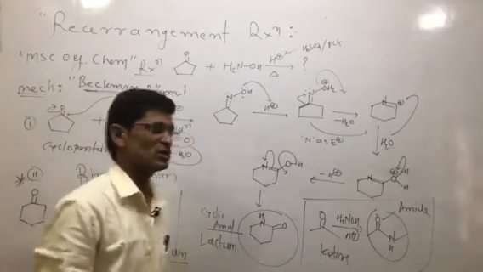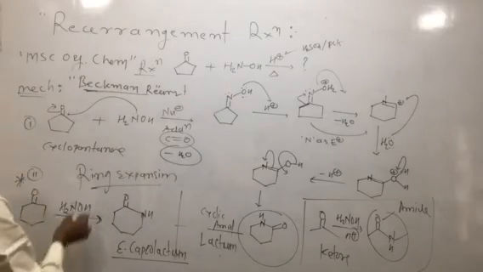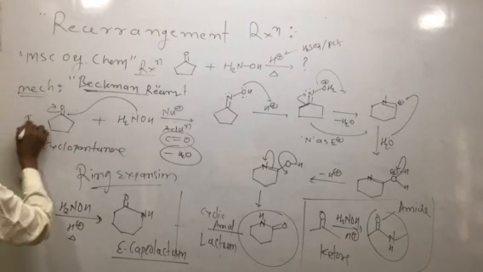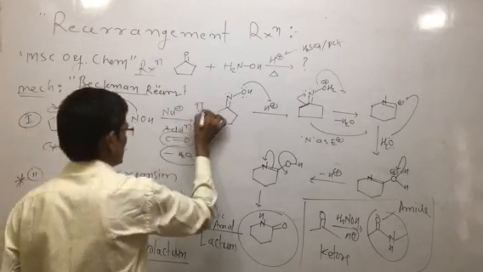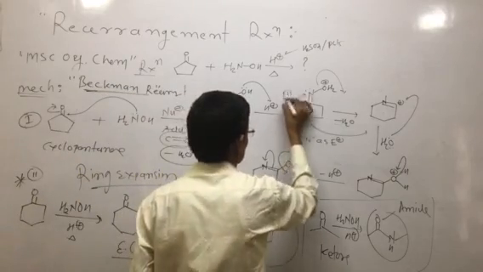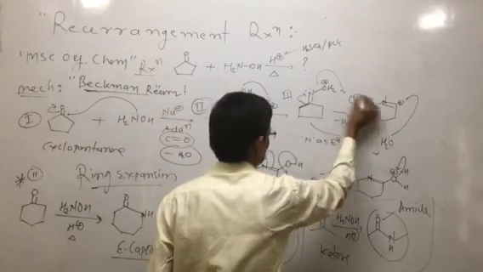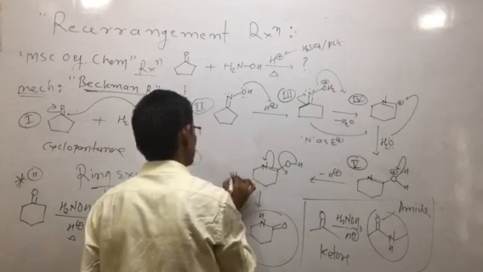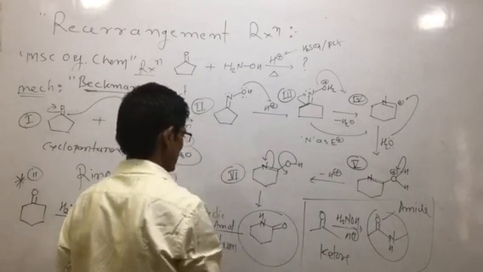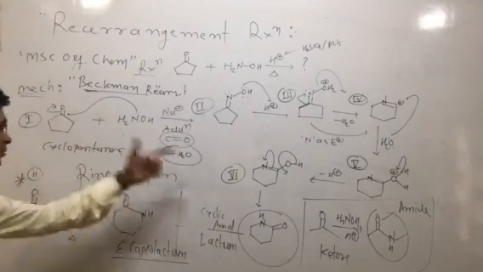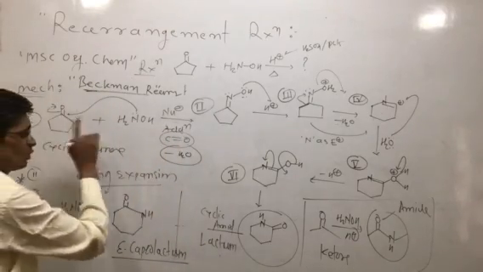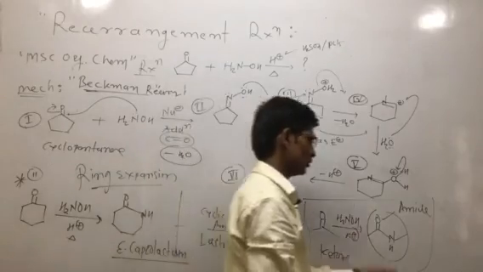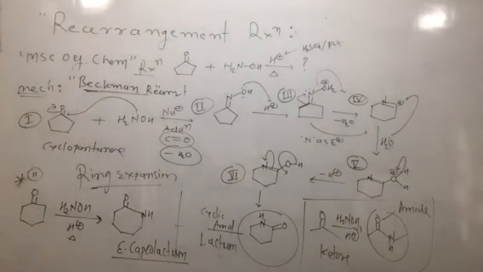Such rearrangement is called the Beckmann rearrangement. This is the mechanism, step by step. So the product formed, cyclic ketone to lactam or ketone to amide, this type of rearrangement is called the Beckmann rearrangement reaction.